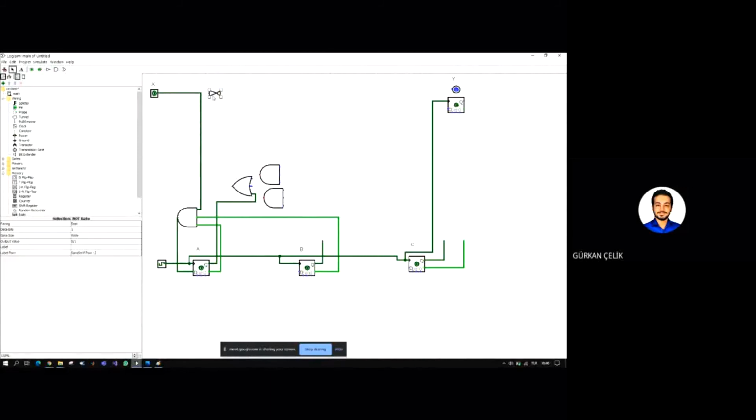Yes. Let's connect. Is it this one? Okay, this one, and it should be two inputs. We need C's complement and X's complement. This one.